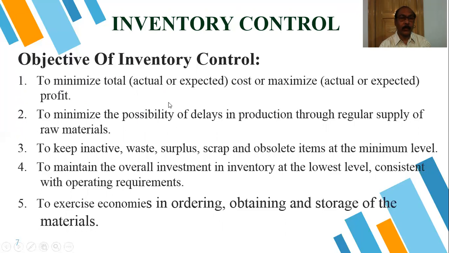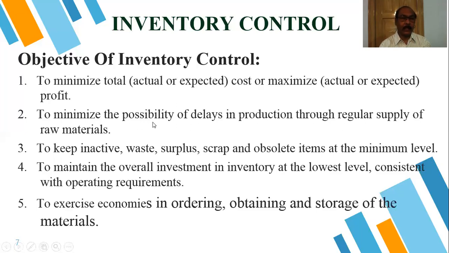Two things we are doing: when it is cost related, we try to minimize it, and when it is profit related, we try to maximize. That means during production, we think about cost minimization, and when we are going to sell in the market, we think about profit maximization.